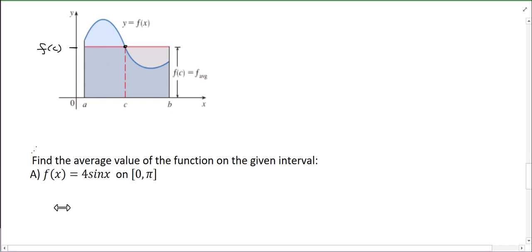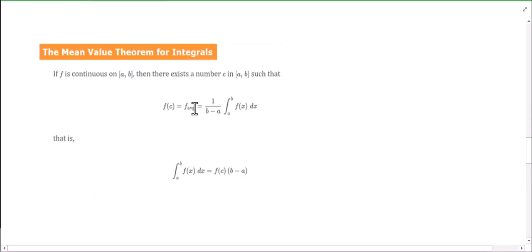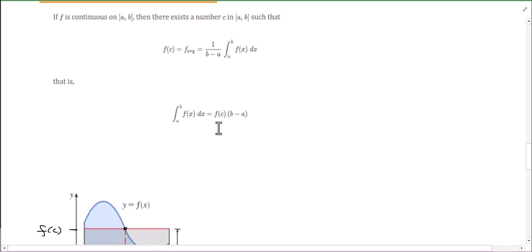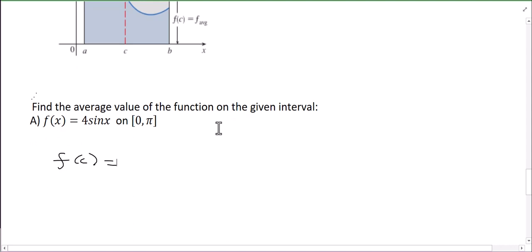So that means that we're going to have f of c is equal to, and let's remember our formula for the average value, 1 over b minus a times the integral from a to b of f of x dx. So we're going to have 1 over pi minus 0, times the integral from 0 to pi of 4 sine x dx.